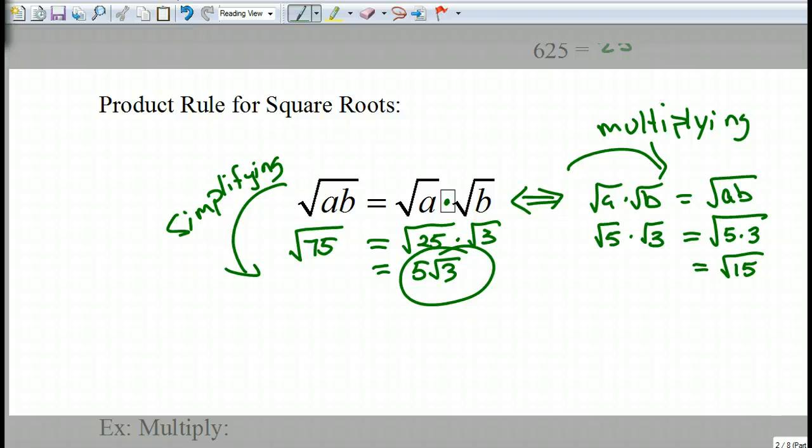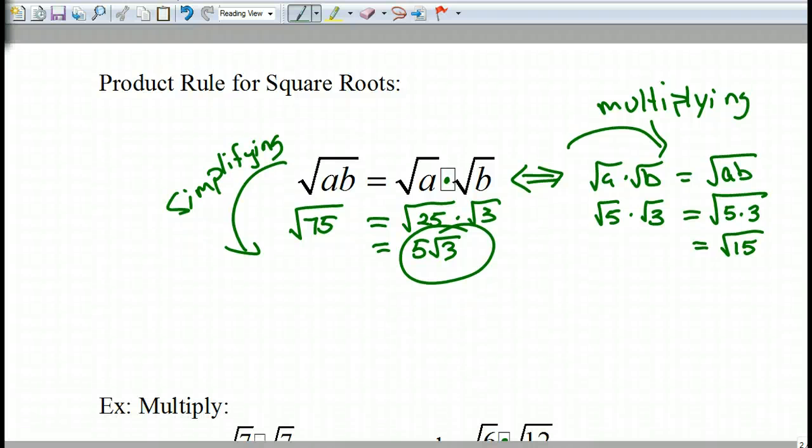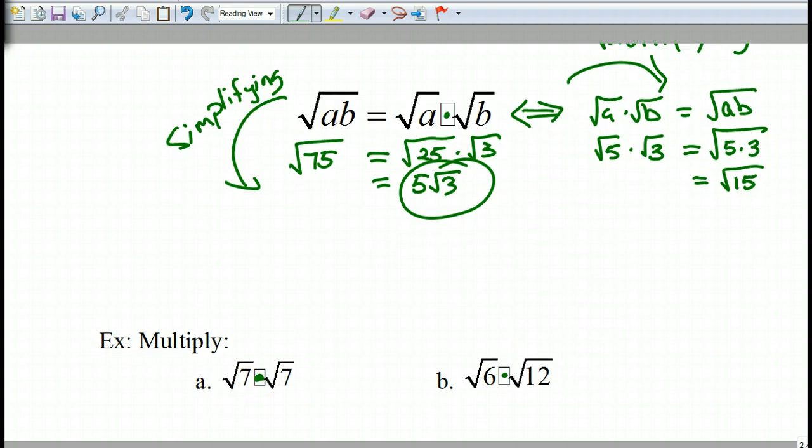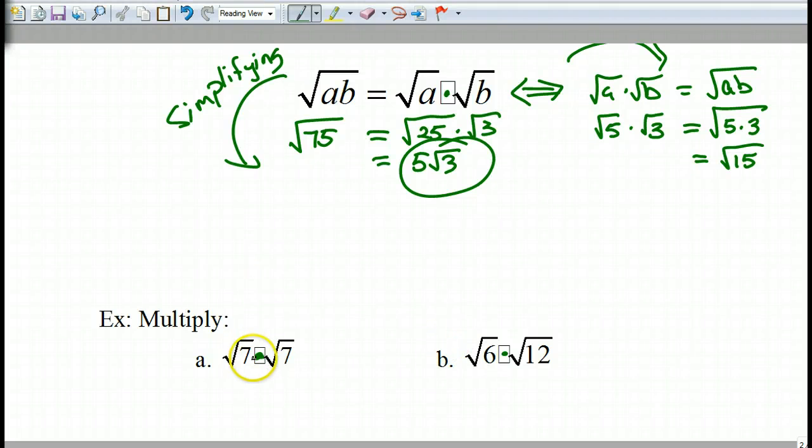I have more examples. Down here below, we have the square root of 7, and this should be a times, not a square. So the square root of 7 times the square root of 7 is what? Yep, the square root of 49, which happens to be 7.